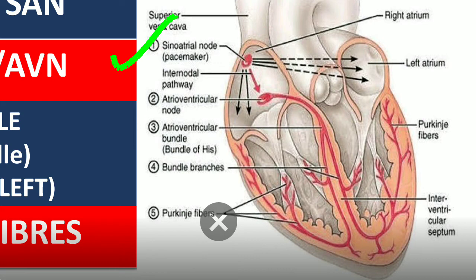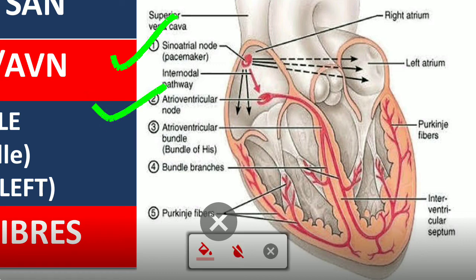It is made of specialized cardiomyocyte cells, and they give rise to the action potential, which passes on to the atrioventricular node by the internodal pathway. Then the action potential is transferred to the atrioventricular bundle, which is also known as the bundle of His.